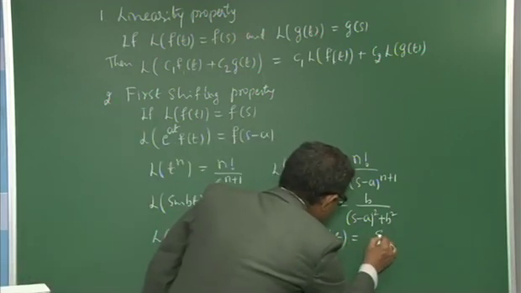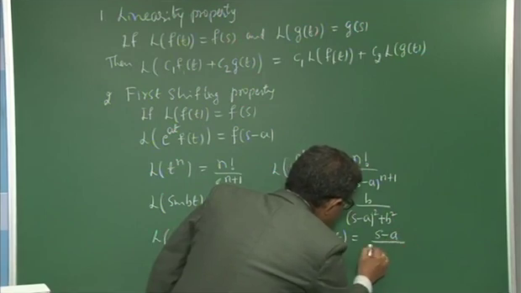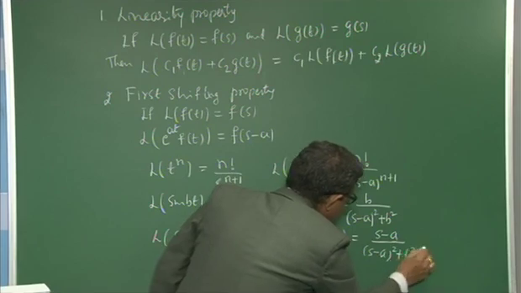Now if cos bt is multiplied by the exponential function, s changes to s minus a, so it is s minus a divided by s minus a whole square plus b square.